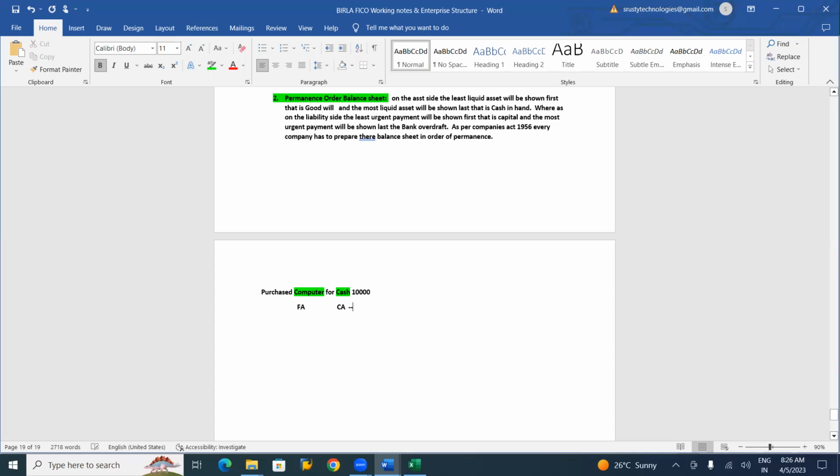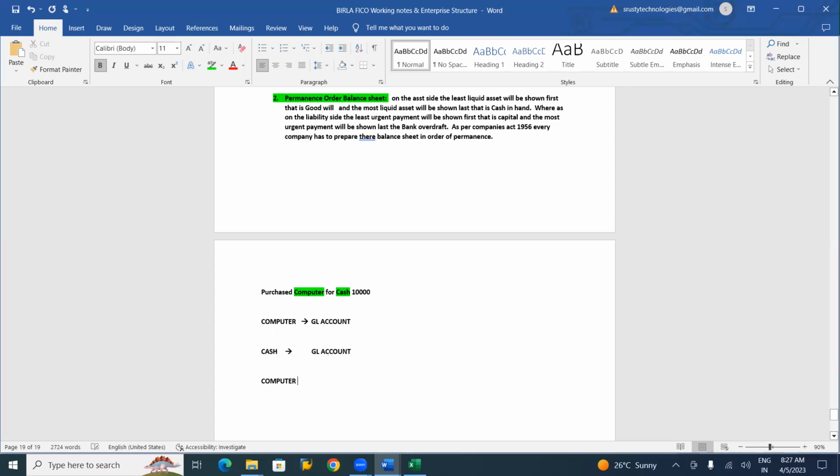For example, what are the accounts involved in this particular transaction? Computer and cash, right? So computer is one GL account, and cash is also one account, a GL master. But which account group?